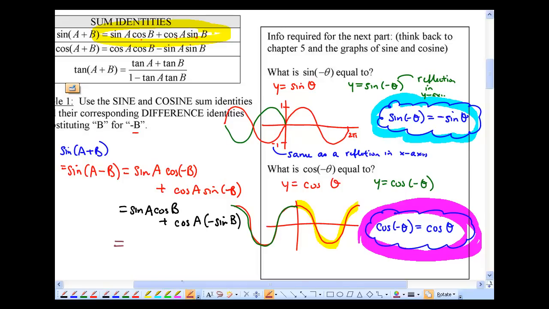So ultimately what I have here is sine a cos b minus cos a sine b. Okay, there's the first difference identity.